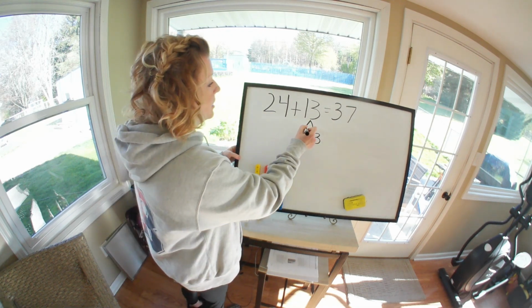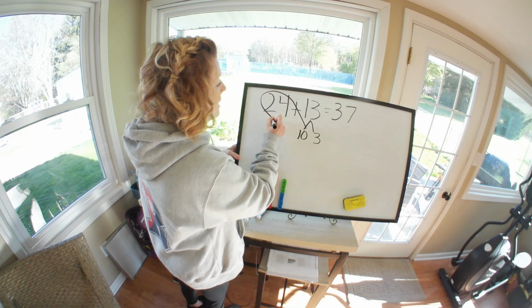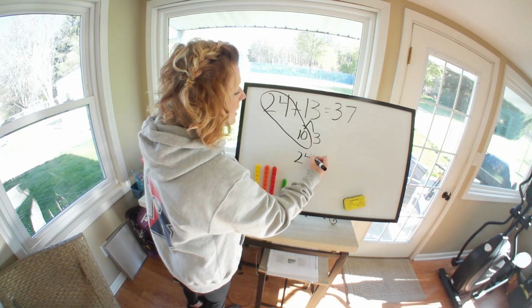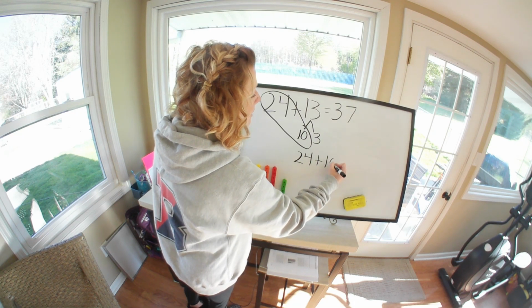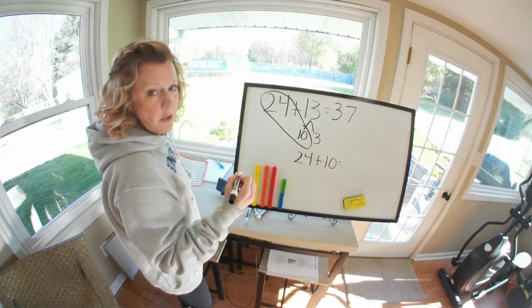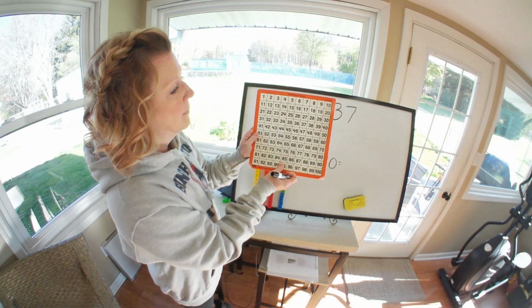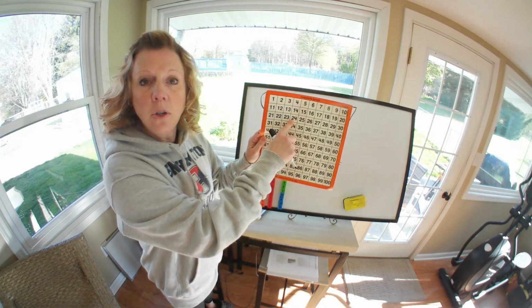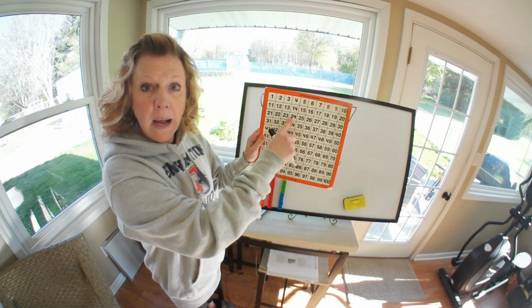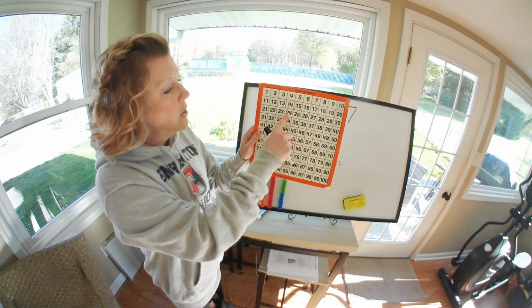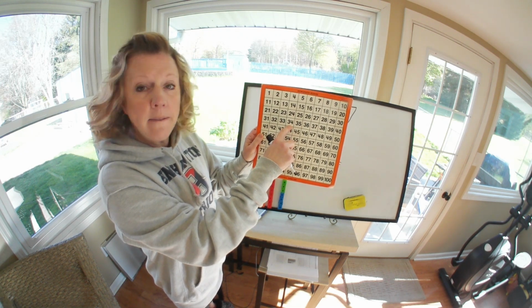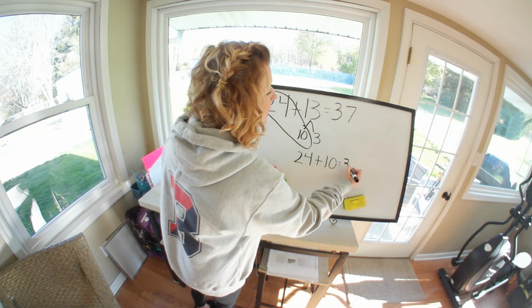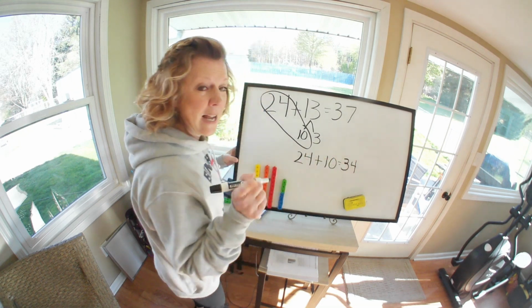Now, I'm going to circle my two-digit number here with my 10s, and I'm going to write 24 plus 10. Now, let me pull out my hundreds chart again, because if you take a look, I'm going to put my finger on 24, and I just told you, you have to jump down one box to add a 10. So if I jump down one box, I know 24 plus 10 is 34. So I'm going to put my 34 here. But I'm not done.